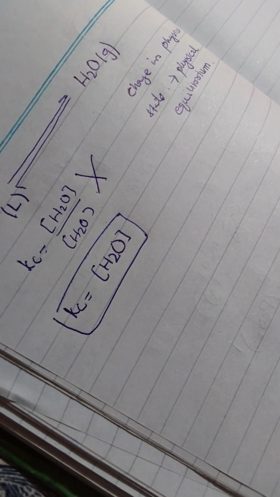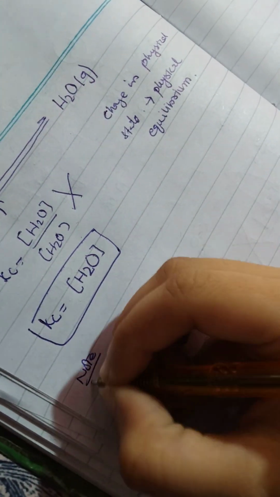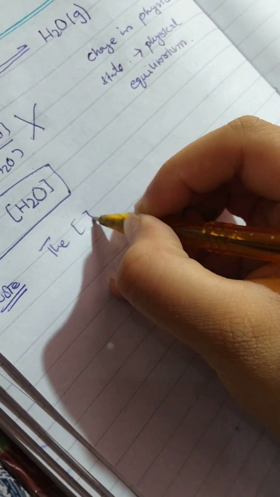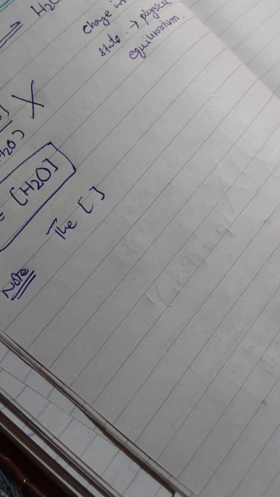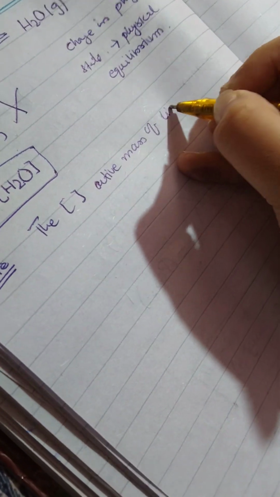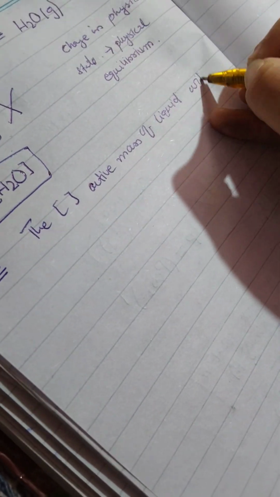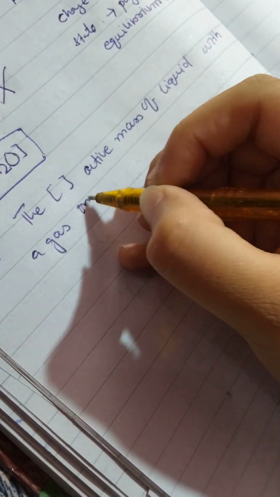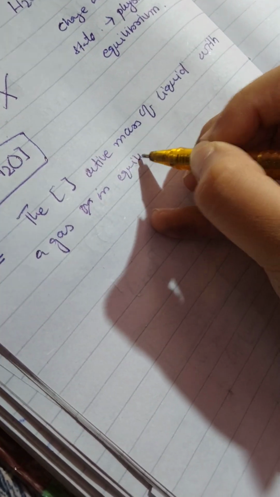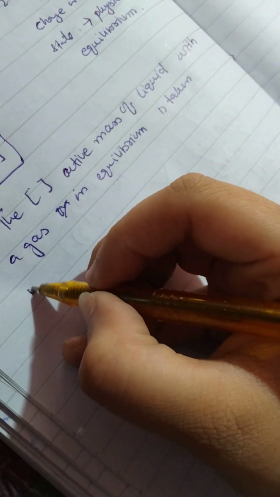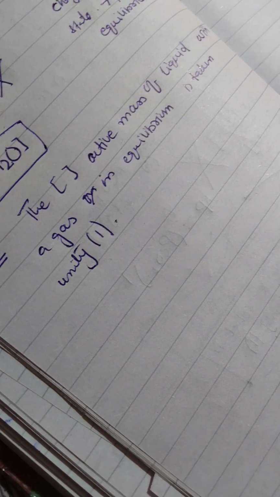Because there is another note. Note this thing: the active mass, which is taken in these square brackets, the active mass of a liquid with a gas in equilibrium is taken as unity, right?